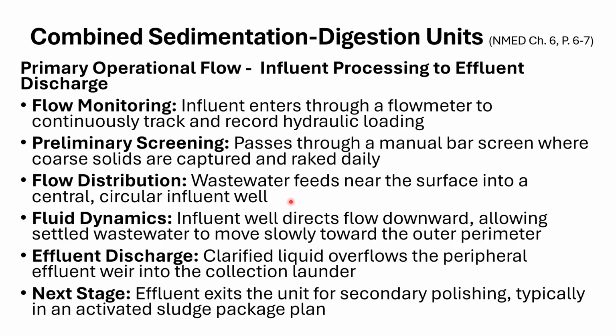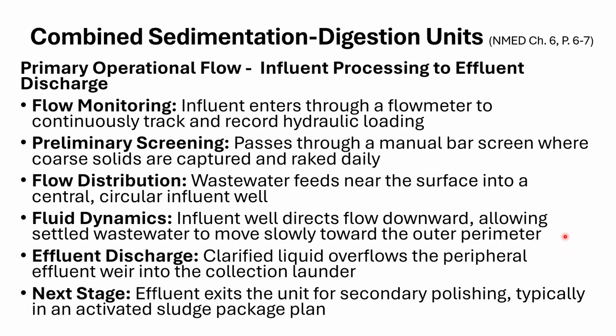Okay. The wastewater is going to come in near the surface of a circular influent well. That's the inlet. And that influent well, just like with a primary clarifier, is a little different. Rather than taking it to the center of the primary clarifier in an activated sludge plant and sending it up, that influent well is going to take it down and let that settled wastewater move slowly towards the outer perimeter.